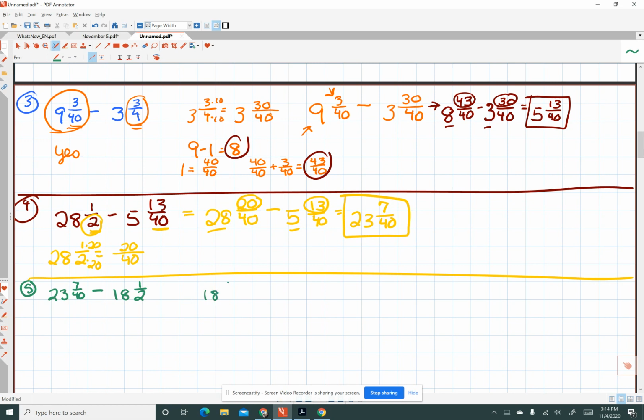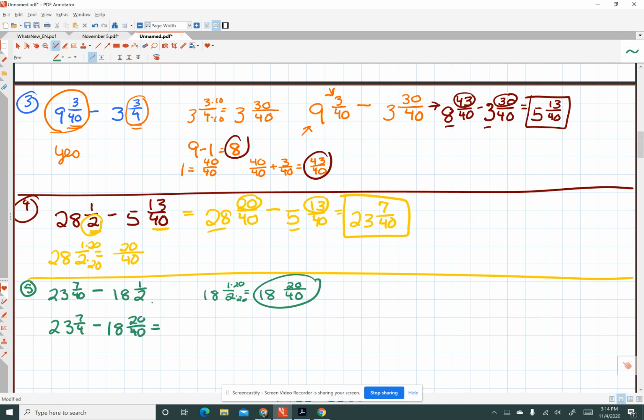So 18 1/2 equals 18 and how many 40ths? Well, 2 times 20 is 40. 1 times 20 is 20. So this works. So we've now got 23 and 7/40 minus 18 and 20/40.